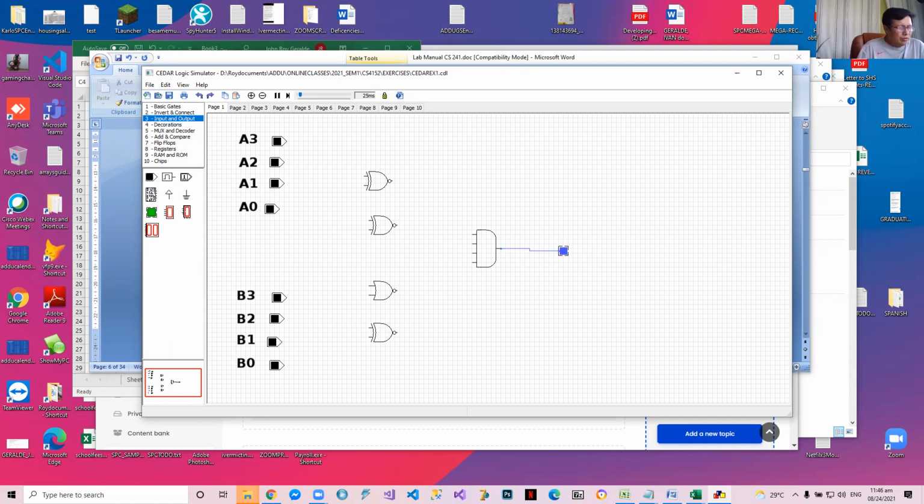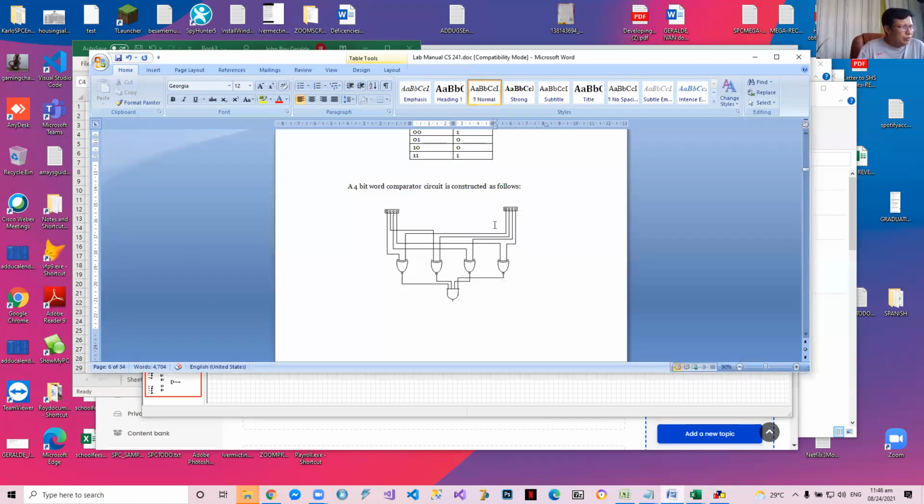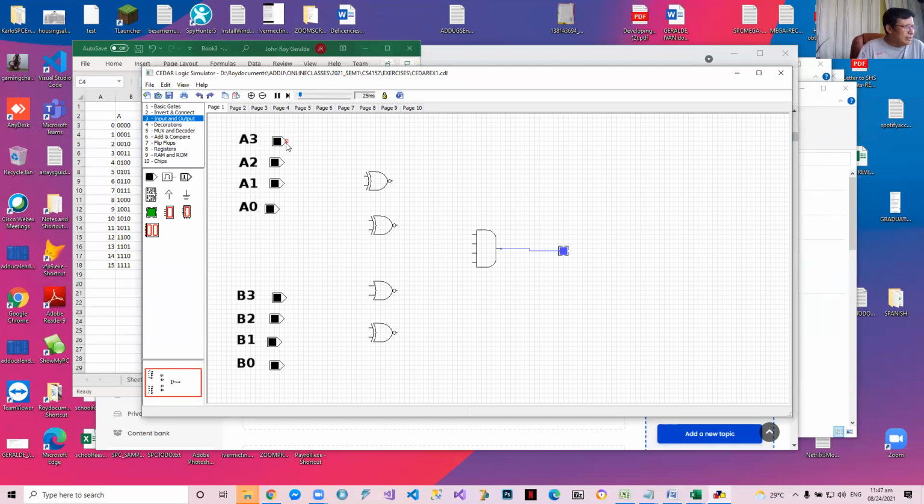First, we need to compare A3 and B3. This is a word comparator. If they're equal, this will result in 1. Take note, if I connect it here, this is red, which means A and B are equal.